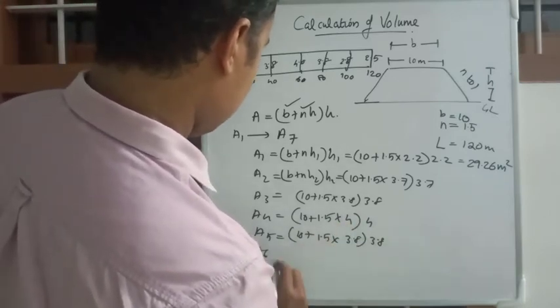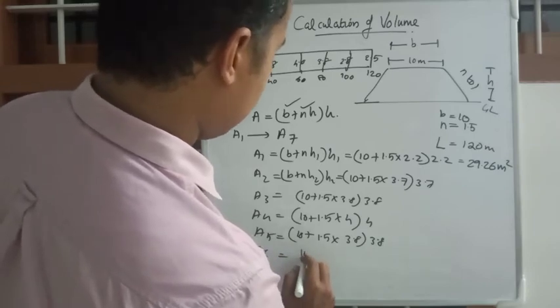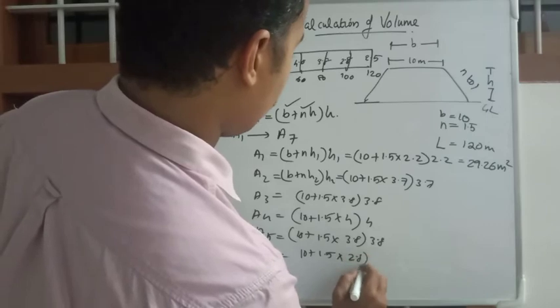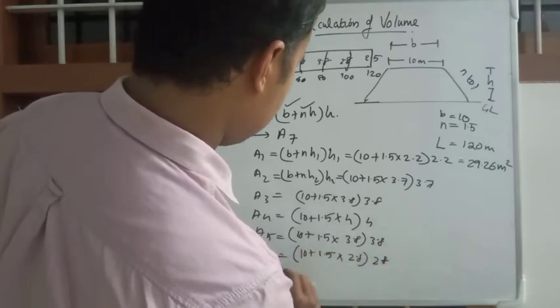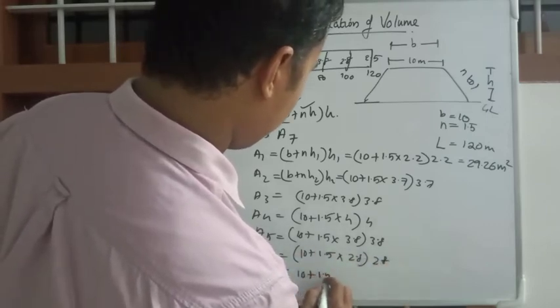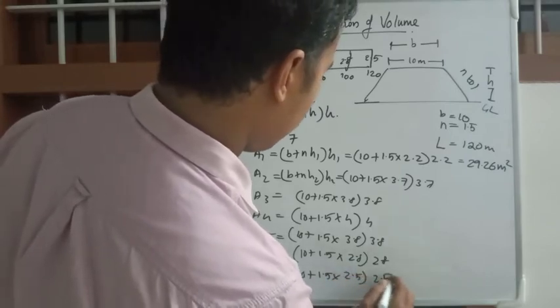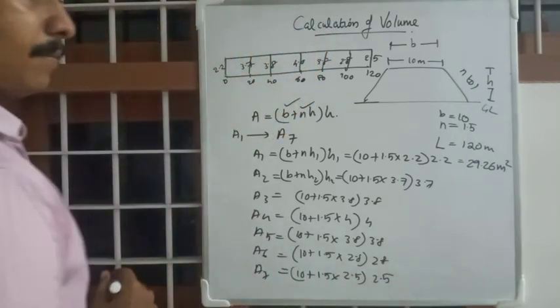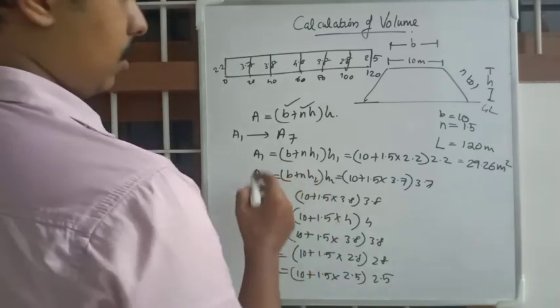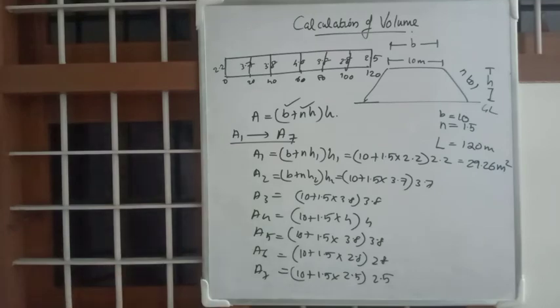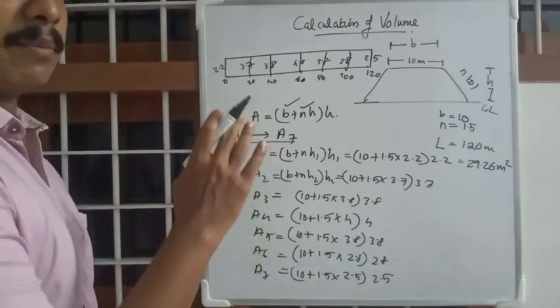A6 is 10 plus 1.5 into 2.8 into 2.8. A7 is 10 plus 1.5 into 2.5 into 2.5.